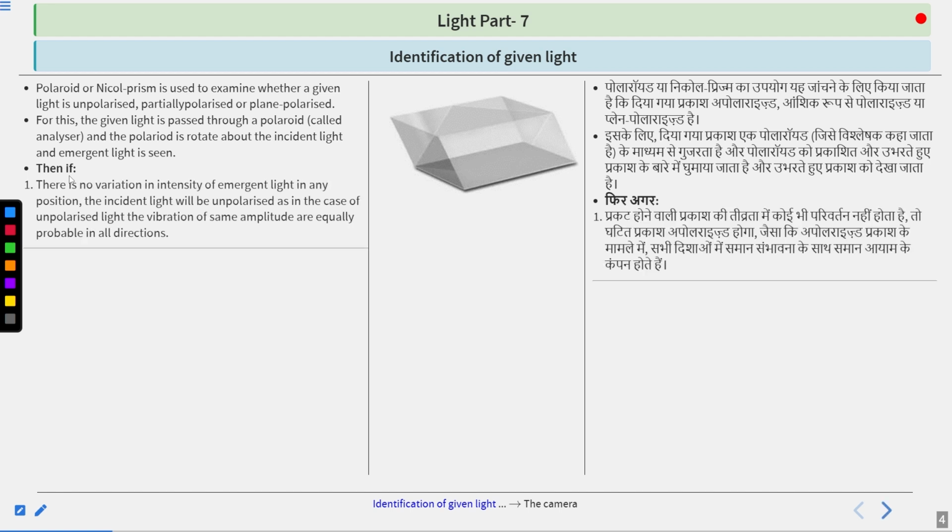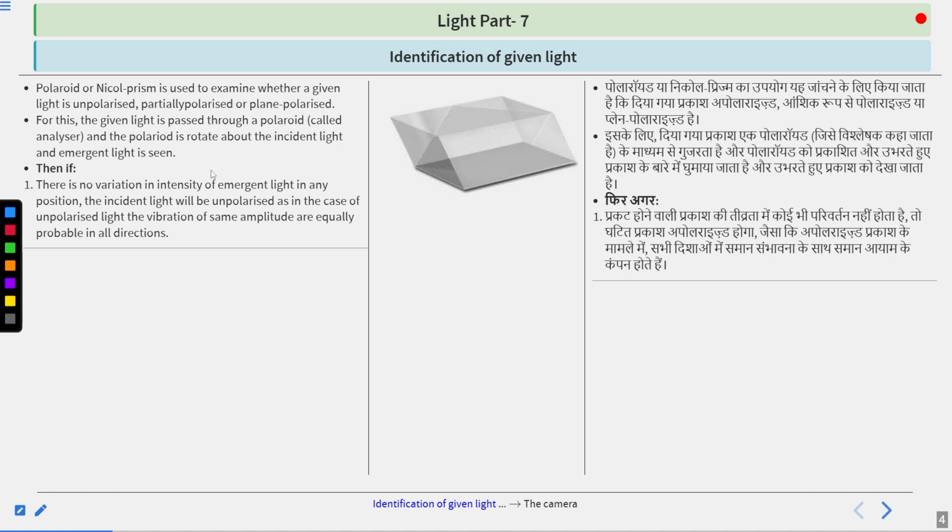First, there is no variation in intensity of emergent light in any position. The incident light will be unpolarized, as in the case of unpolarized light, the vibrations of same amplitude are equally probable in all directions.